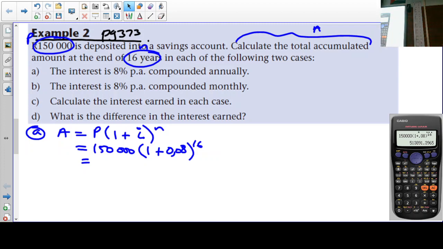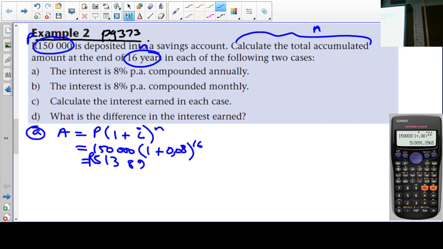So that gives a return of 513,891 rand and 40 cents. If it's rands, people, we know already, you round off to two decimal places. Otherwise, unless stated otherwise, to the nearest rand. Okay?